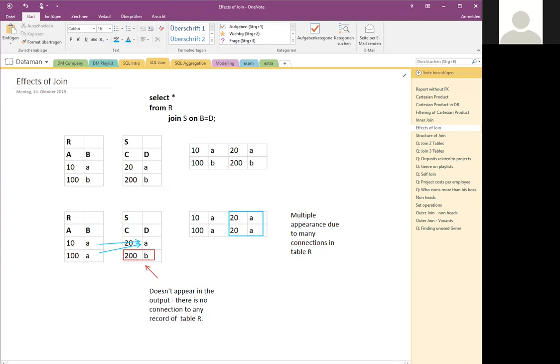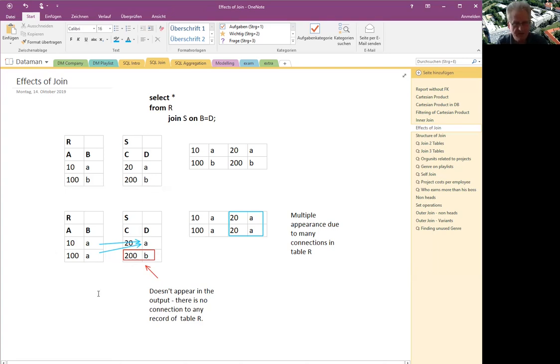So now we can draw some observations concerning the effects of the join. First of all, you see 200B doesn't appear in the result. And that's because it is not connected to any row of table R. And the inner join behaves in that way.